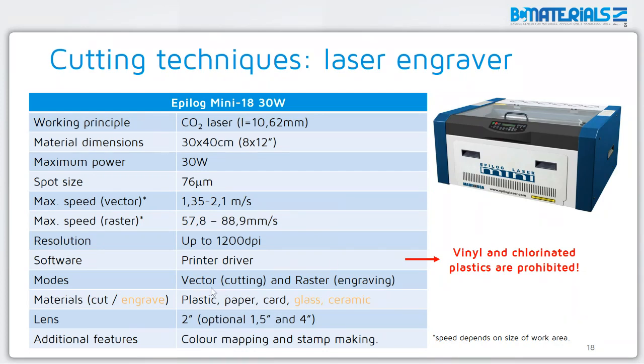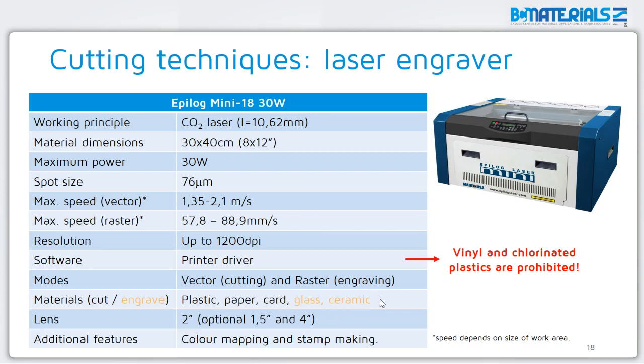The machine can work in vector mode, that is for cutting, or in raster mode if what you want to do is engraving. And in terms of materials, this can cut plastic, paper, card, engrave plastic, paper, card, and also glass and certain ceramic materials. Okay, but you cannot cut glass or ceramic, you can just engrave it, you can mark it.